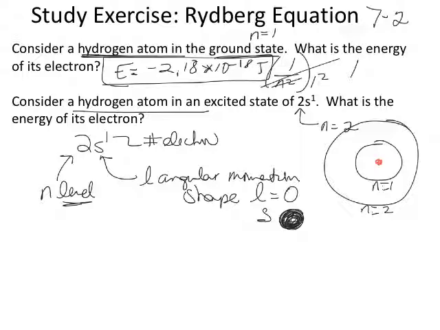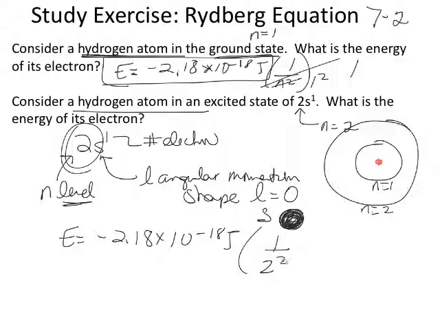So what is the energy of its electron? Well, for the Rydberg equation, you just do E equals negative 2.18 times 10 to the negative 18 joules times 1 over, and now you do 2 because your n equals 2. So they're saying squared.